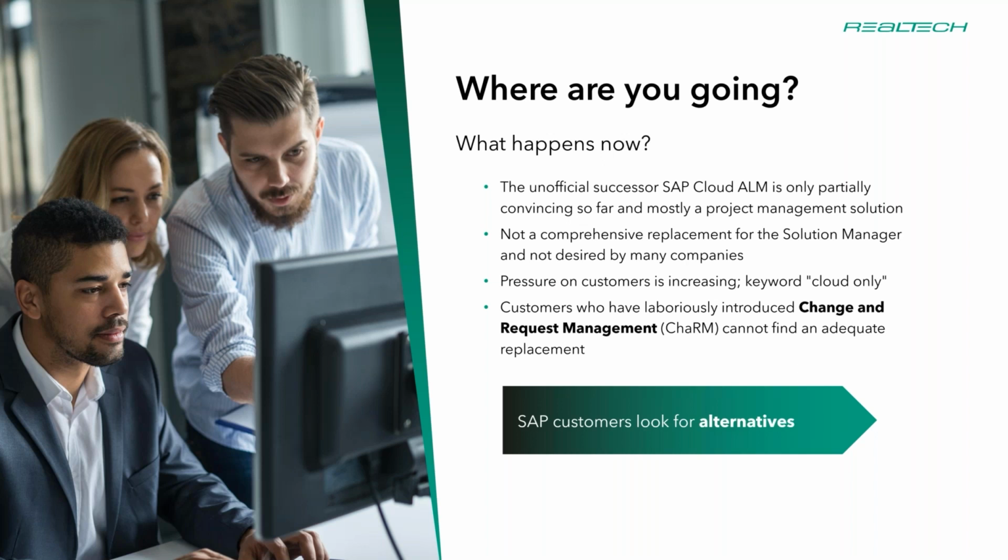And that's where REALTECH is getting a lot of inquiries on what they should do or how we can help them with moving over from Charm into our solution, which is called Smart Change. And everybody's looking for alternatives now. That's where today's webinar is really important, and we wanted to bring the education out to SAP customers, that there are other alternatives such as REALTECH that can help you go to a new solution in weeks, not months.